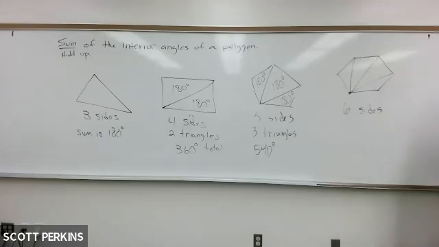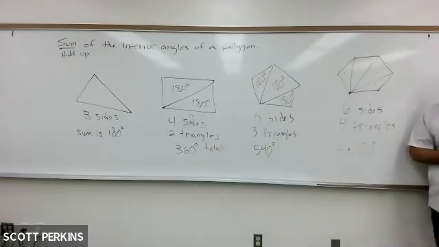How many triangles was I able to divide my 6-sided figure into? Okay, there's 1, 2, 3, 4. And because I don't have my calculator with me, each of these has 180 degrees. So that's 4 times 180 degrees, whatever the calculator says.